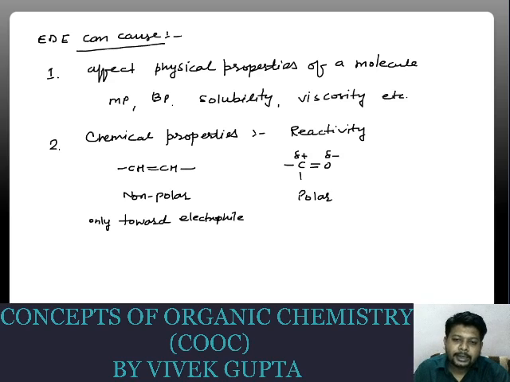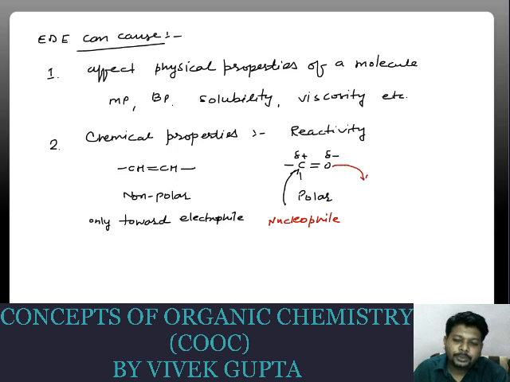On the other hand, if we talk about carbonyl compounds, they have a negative end and a positive end. The positive end means it needs electrons. So there will be some species which is looking for a positive charge, that is a nucleophile. So it can be attacked by a nucleophile, that is an electron-rich species.